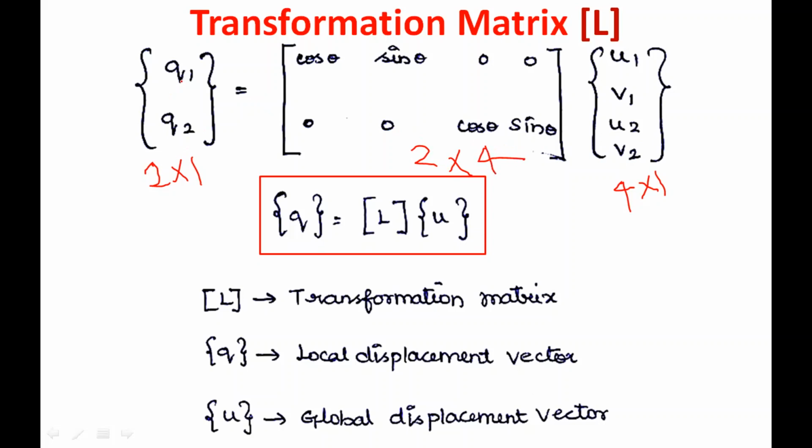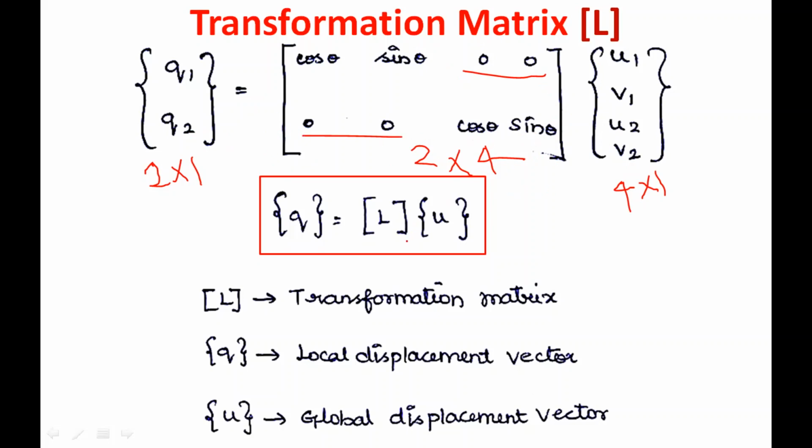So q1, q2 is equal to, what is q1? q1 is u1 cos theta plus v1 sin theta. So the first row is cos theta, sin theta. There is no u2, v2 component, so 0, 0 is added here. And what is q2? q2 is u2 cos theta plus v2 sin theta. So 0, 0 is taken here, and then cos theta, sin theta.